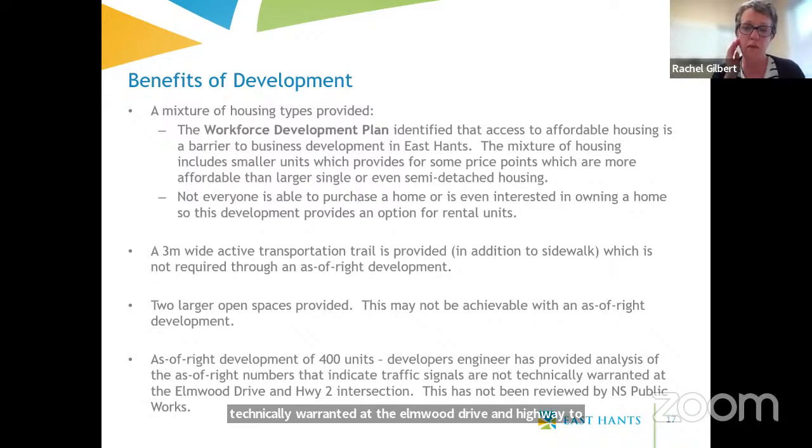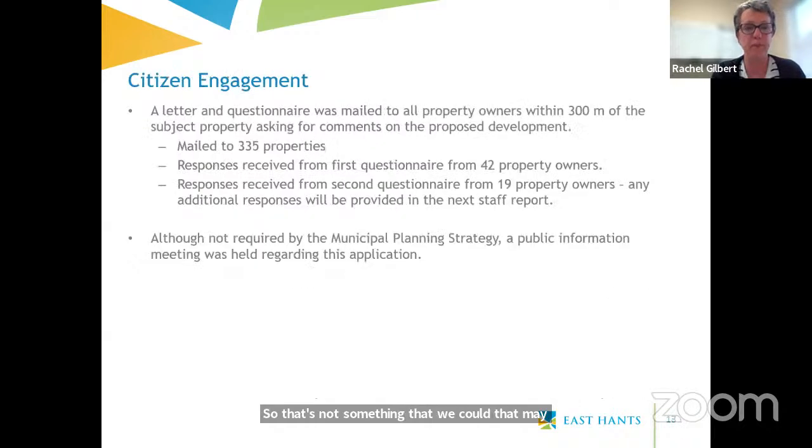This analysis has not been reviewed by Public Works, but it does show that we know right now that there will be intersection improvement requirements, a lighted intersection of Elmwood Drive and Highway 2 through the development, but that might not be the case if this goes through as of right development. So that may not meet that warrant requirement.